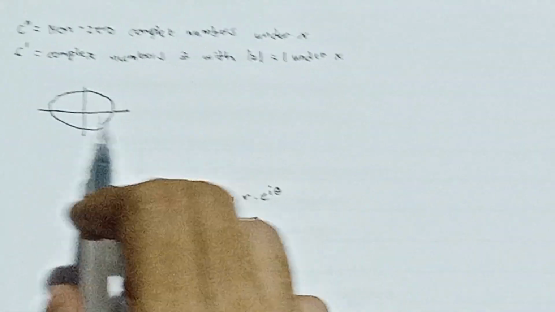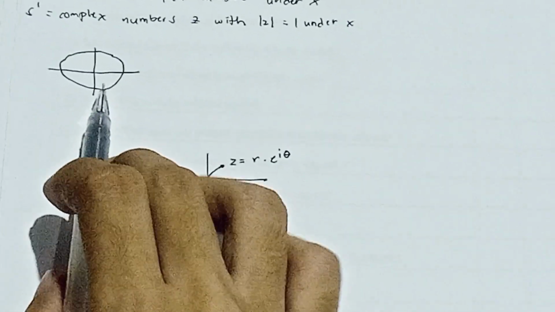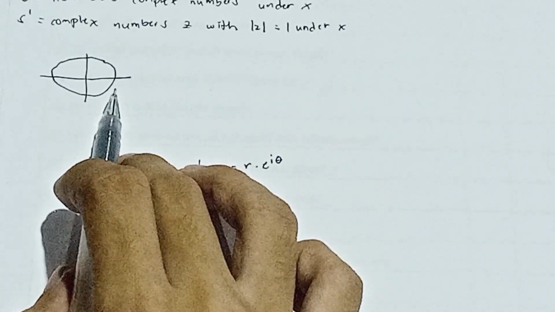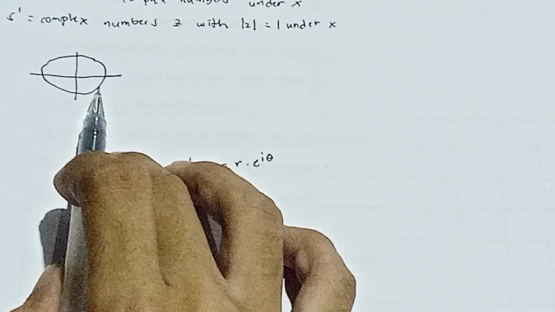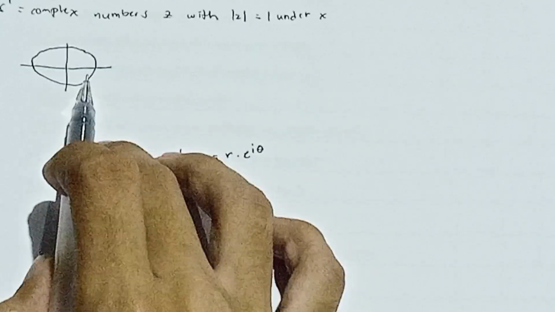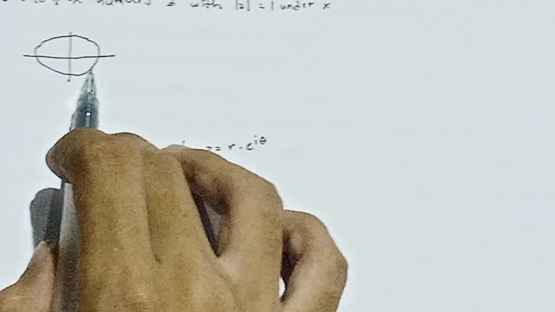In this case, S to the power of 1 is just the circle in the complex plane with a radius of 1.